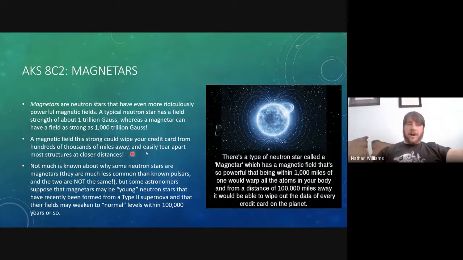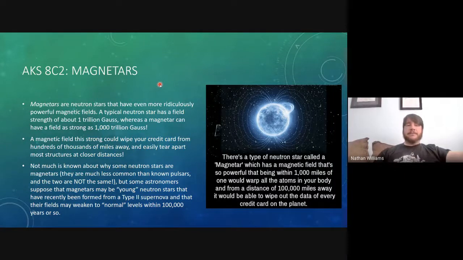Again, we don't really know why magnetars are so powerful magnetically. And again, it mentions here that they're less common than pulsars, and the two are not the same. A neutron star is not going to be both a pulsar and a magnetar. But some astronomers think that it may have to do with their age. It could be that magnetars are just very young neutron stars, meaning they've just recently formed out of a type 2 supernova.